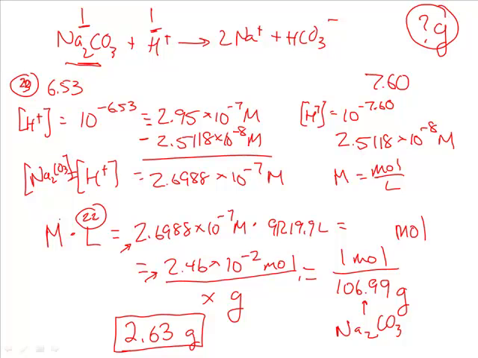So if I actually enter that in, 2.61 minus 2.63 divided by 2.61, I would have gotten it correct, even though the answer key, I think, said 2.61. So that is one way of going about it.